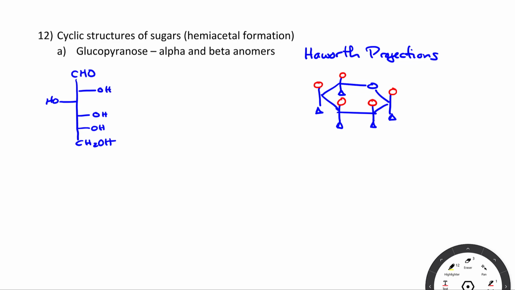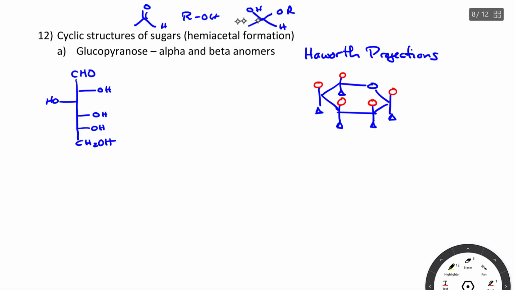And this is what happens. Remember, you can take an alcohol and react it with an aldehyde, like this, and you can form a hemiacetal. I'll do OR up here and then H down here.